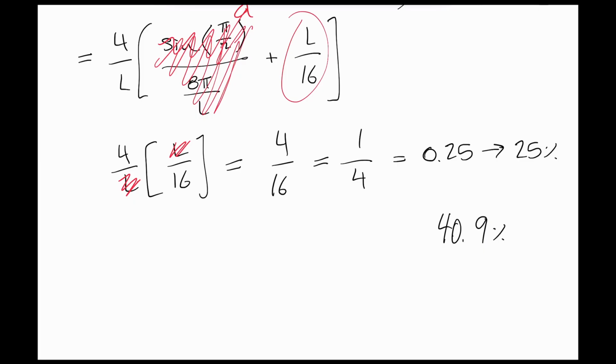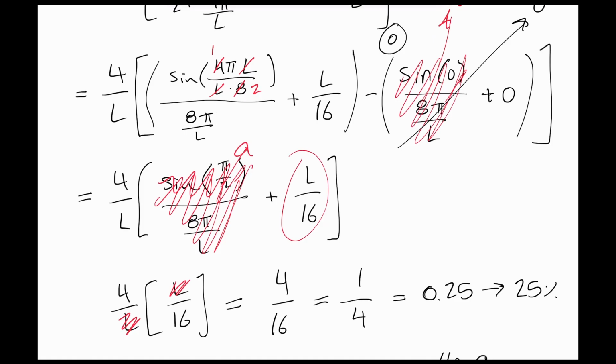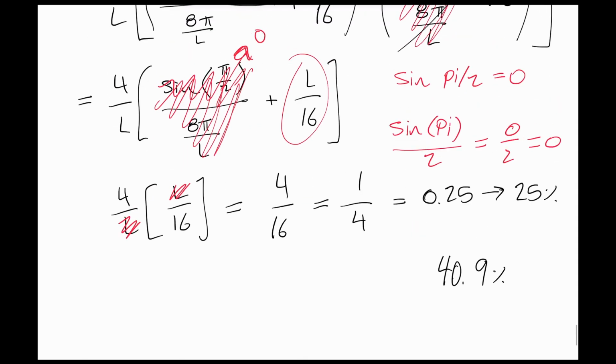Bruh, okay, this is what happened. I Google searched sine pi on 2, and this told me it was 0, but what it actually did was sine of pi on 2, and this gives you 0 over 2, which gives you 0. So I said this whole thing here equals 0, which is incorrect. So always check your calculations.